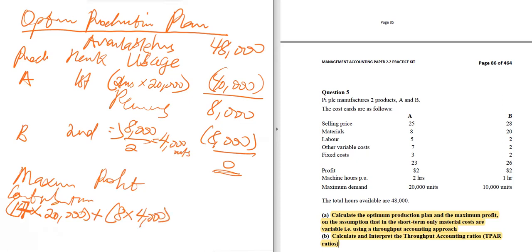When we add this, that gives us our total contribution, which is 17 by 20,000, 340,000, plus 8 by 4,000. That gives us 372,000.